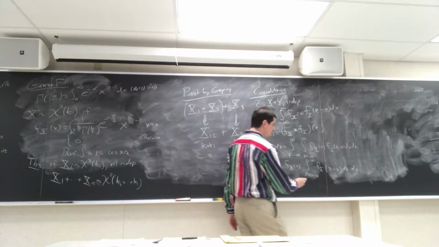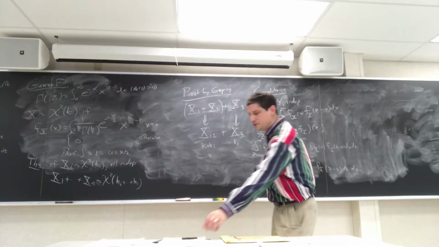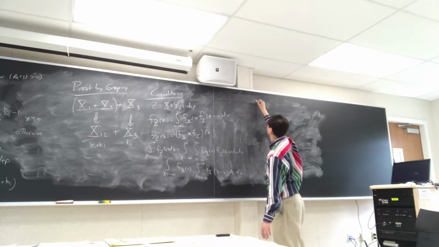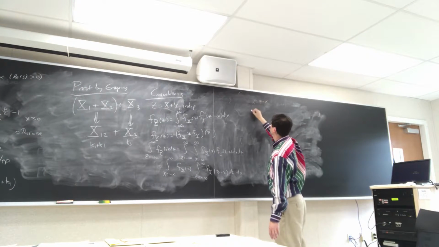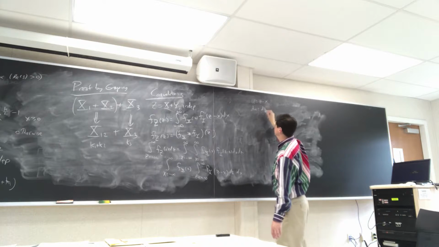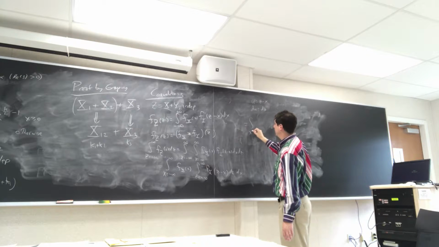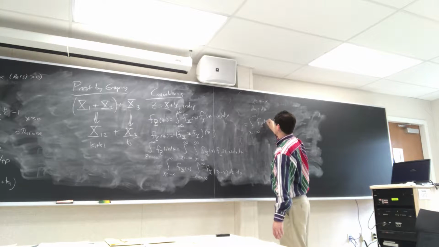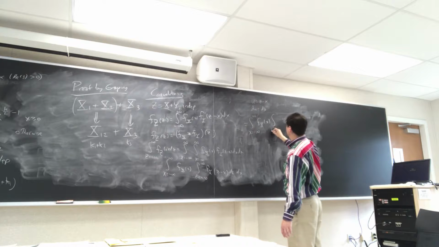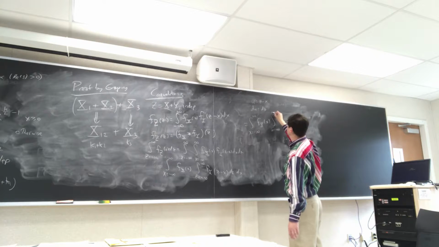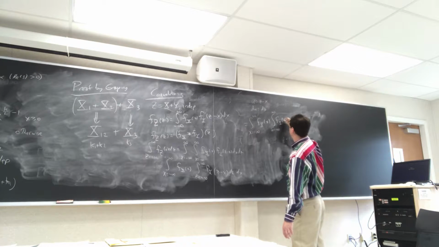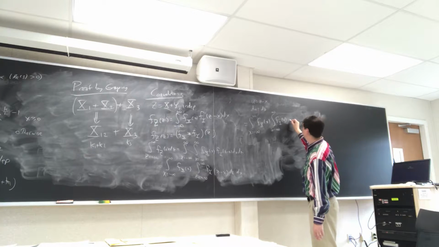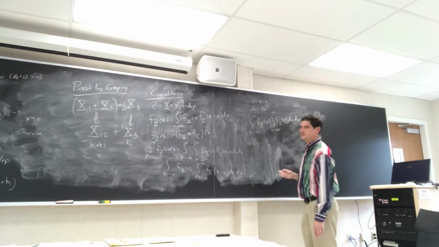So if I just do a u substitution, if I let u equal z minus x, du will just be dz, and we get the integral x goes from minus infinity to infinity f_X of x, and then the integral u goes from minus infinity to infinity of f_Y of u. It's very important that I have the subscript y. f_Y of u du dx.